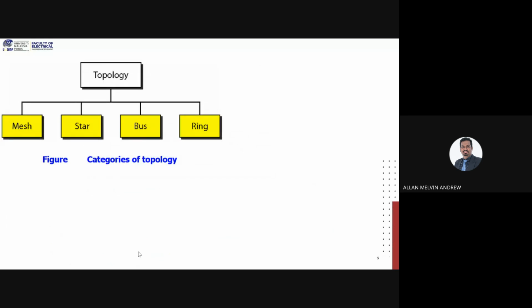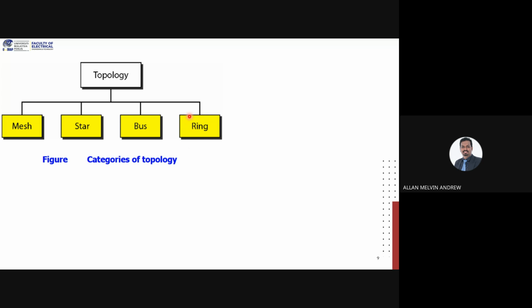Okay, so there's a term called topology. Topology is the shape of the network. Topology means a standard pattern, a standard pattern that is available. Very common topologies are mesh topology, star topology, bus topology, and also ring topology.